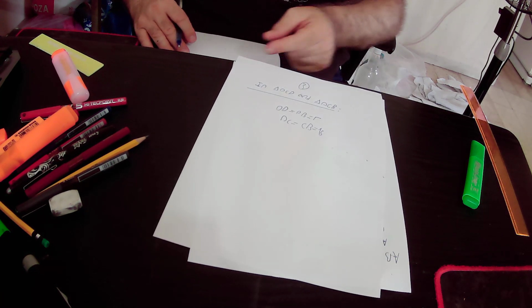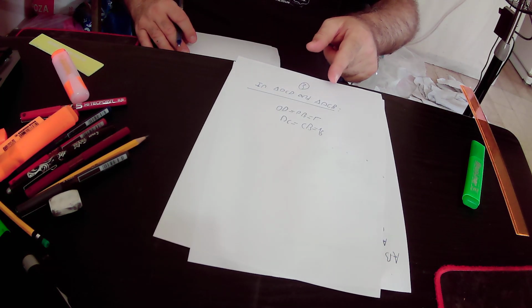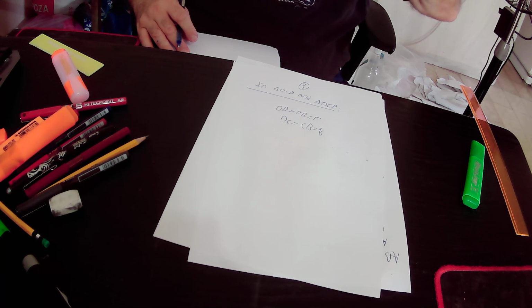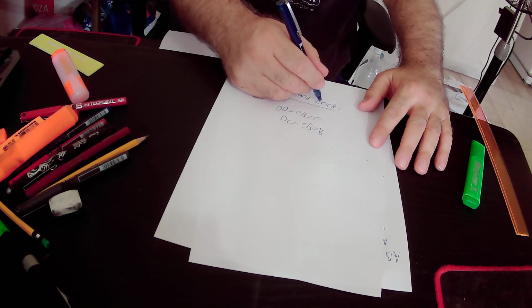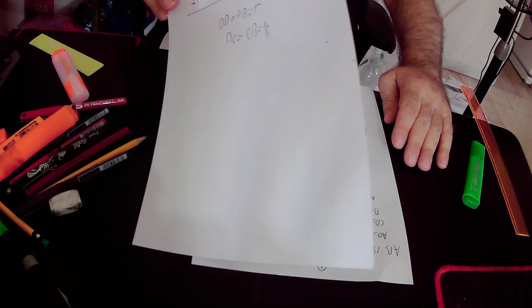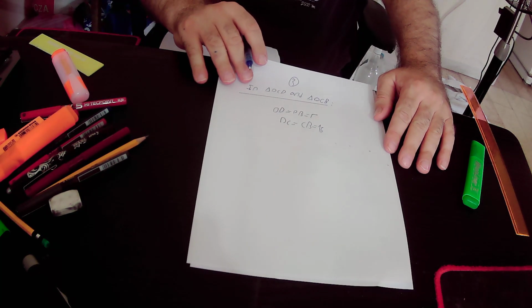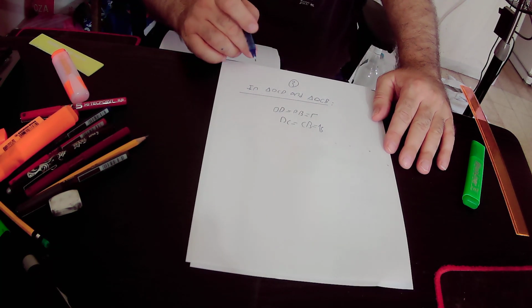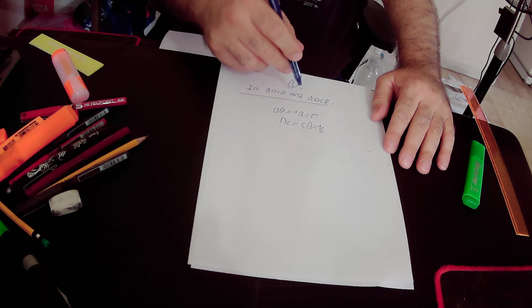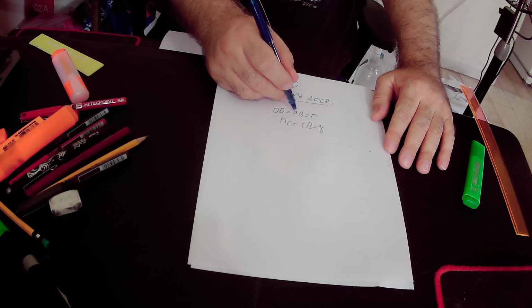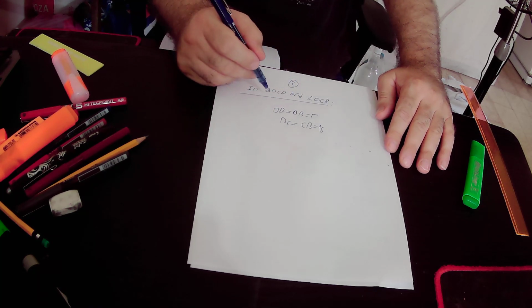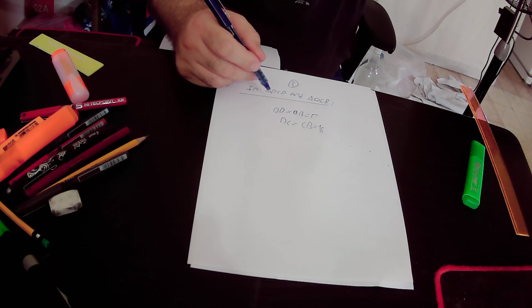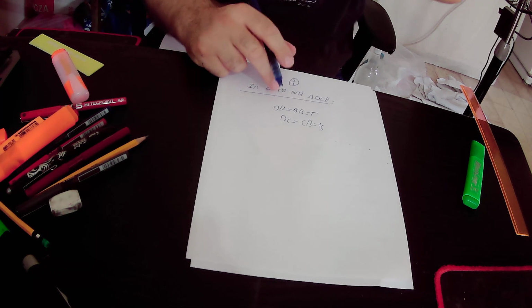So in triangle OCD and triangle OCB, the green triangle and the orange triangle, OD equals OB, both of them equal to the radius of the circle. DC equals CB equals 15 units.